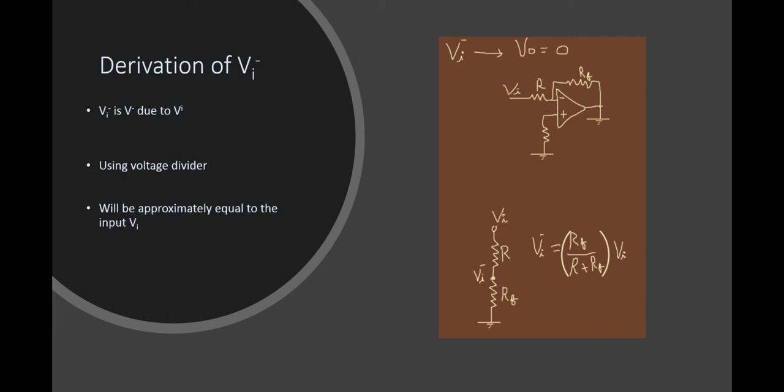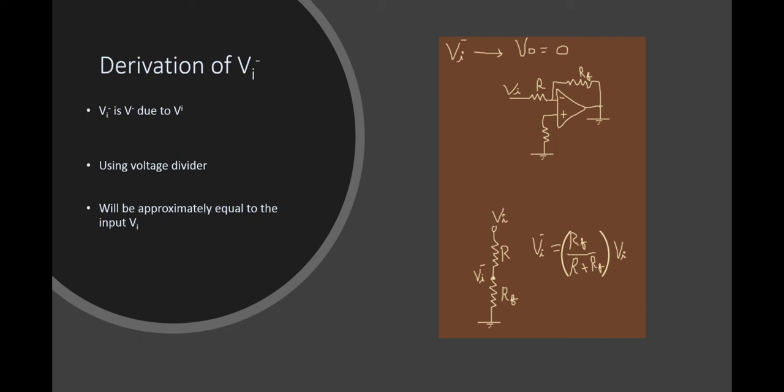So now we are considering the input voltage Vi. So for this purpose we will make V naught equal to 0, that is, we will replace V naught by ground, and this is what you can see in this figure. So V naught is grounded, and now we have to find V minus due to Vi alone.